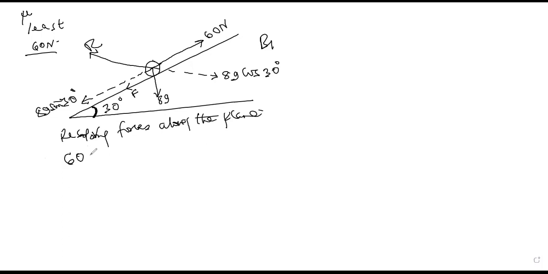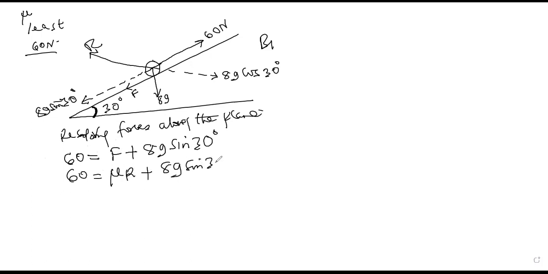We shall have 60 is equal to F plus 8g sin 30. So 60 is equal to mu what? Mu R plus 8g sin 30. Call it equation 1.